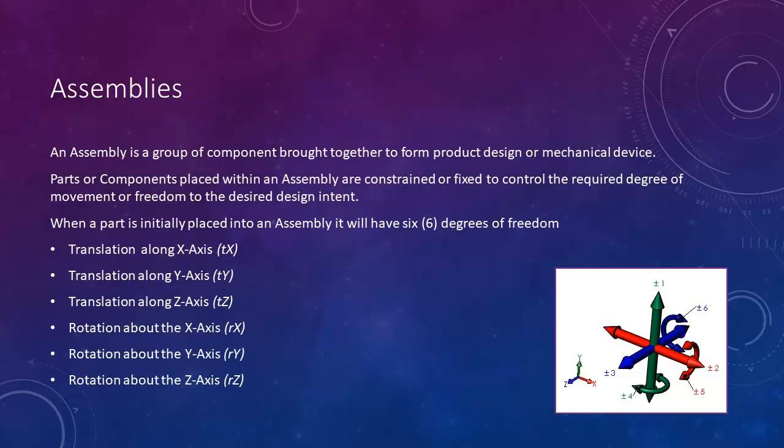When we throw parts or sub-assemblies into a main assembly, we're looking at the degrees of freedom and how we could constrain those various parts in space or to each other and basically bolt them together. So with any part or assembly, sub-assembly, you've got 6 degrees of freedom, and what we'll look at is what those freedoms are.